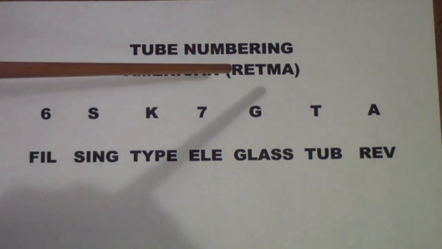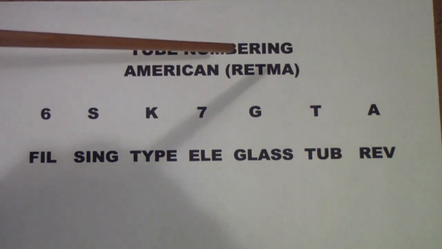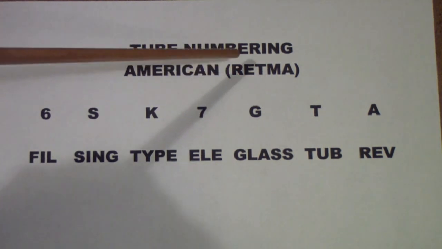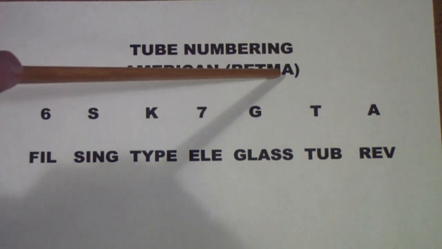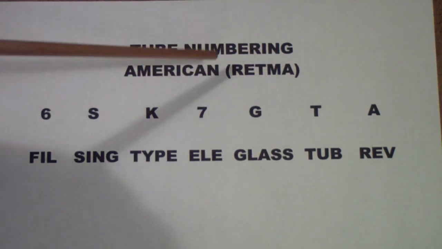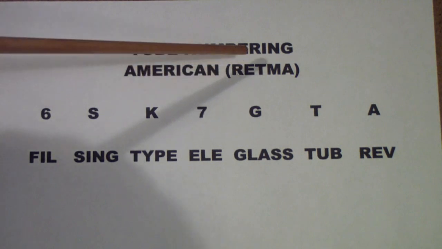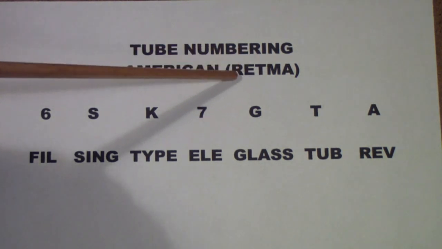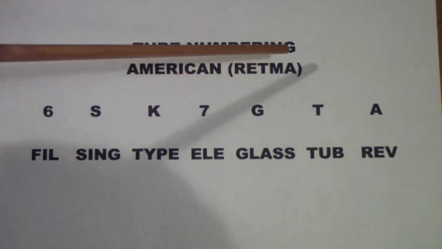Here is an example of a RETMA numbered tube. Now, RETMA is the more modern name. It used to just be RMA, for Radio Manufacturers Association. Later, when television came in and other electronics came in, they changed the name to Radio Electronics Television Manufacturers Association.